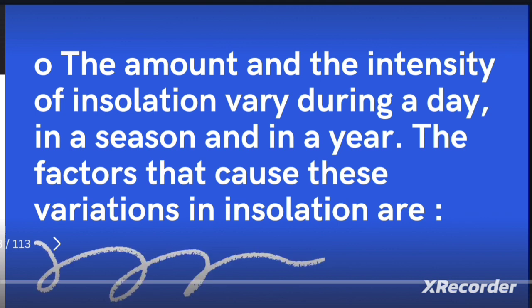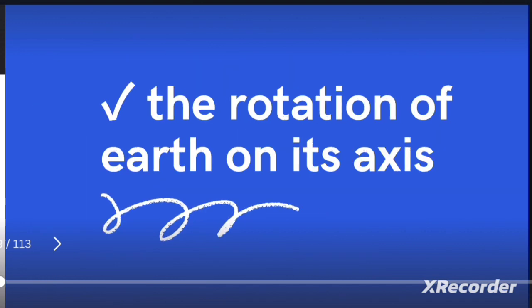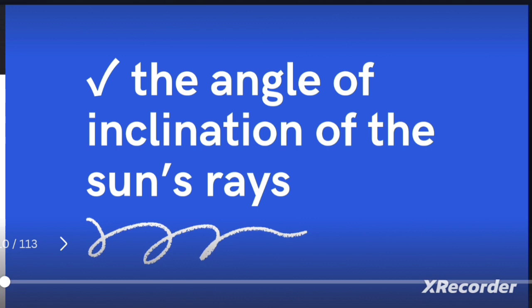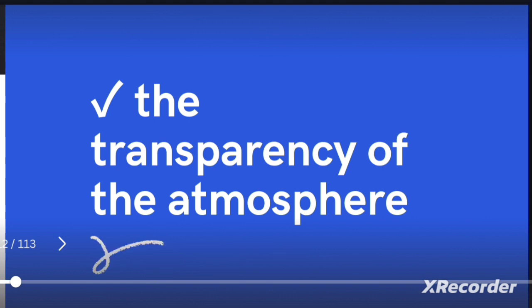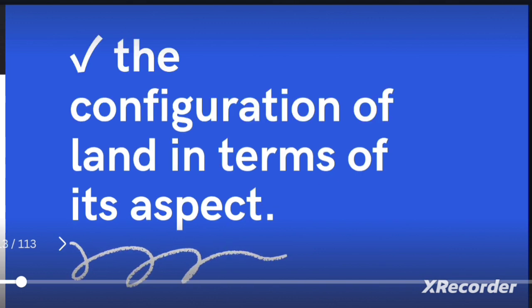The variability of the insolation at the surface of the Earth: the amount and the intensity of the insolation vary during the day, in a season, and in a year. The factors that cause this variation in the insolation are the rotation of the Earth on its axis, the angle of inclination of the sun's rays, the length of the day, the transparency of the atmosphere, and the configuration of the land in terms of its aspect.